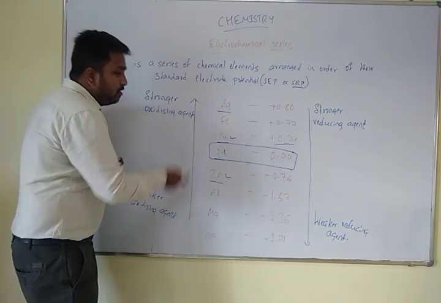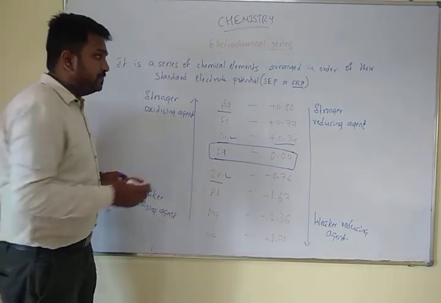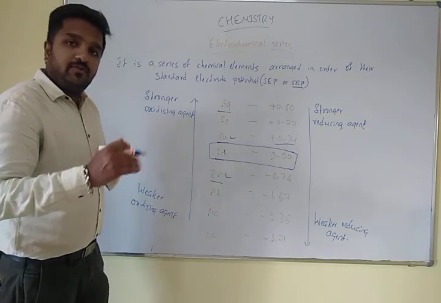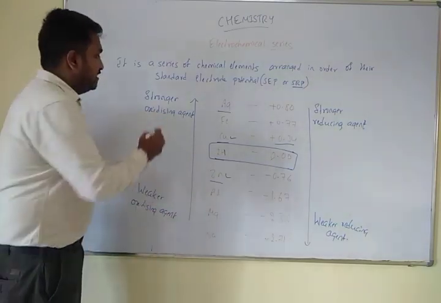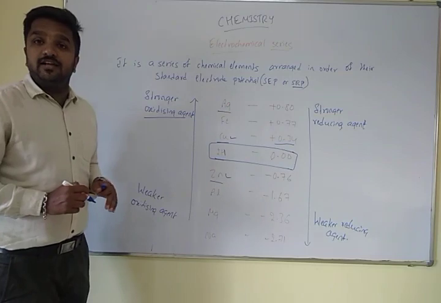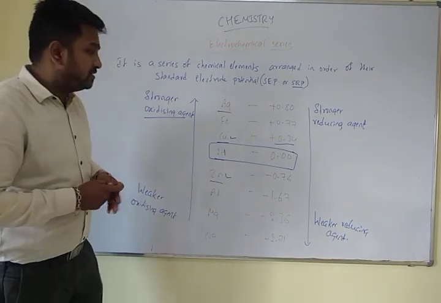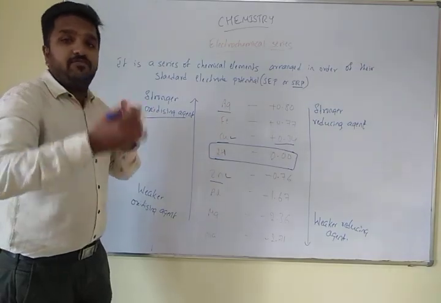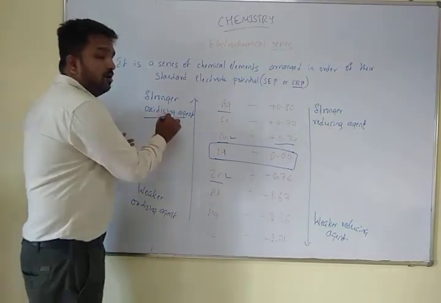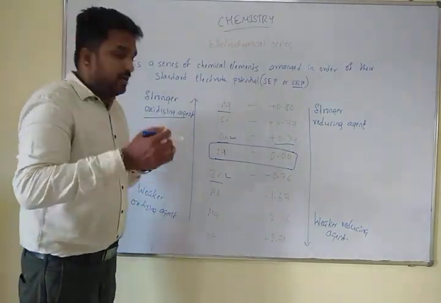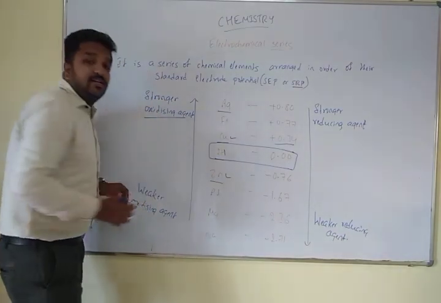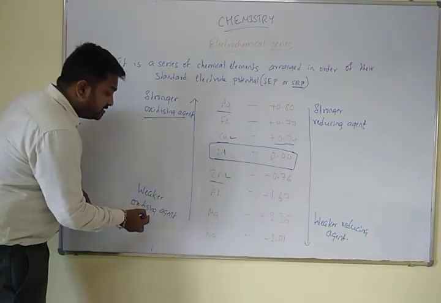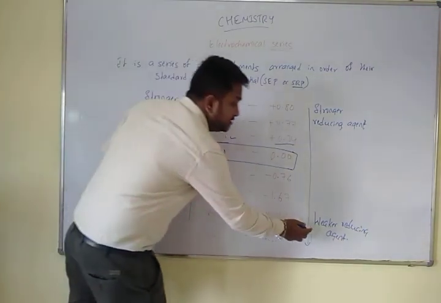As we go up the order, that means as the standard reduction potential values increase, they become stronger oxidizing agents. Don't get confused, children. Copper is getting reduced. It itself getting reduced means it is a good oxidizing agent, whereas zinc is a good reducing agent.